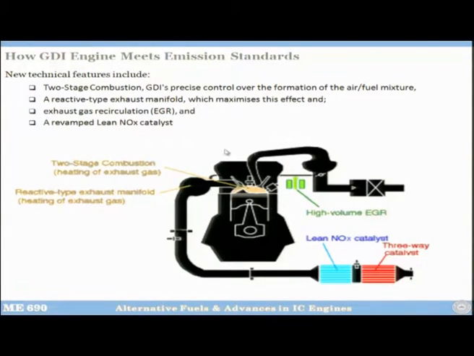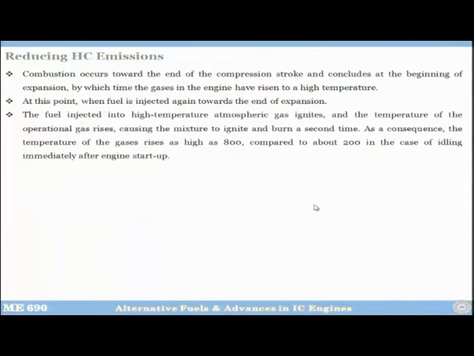So, if you employ these 3-4 techniques in your GDI engine, you will be able to meet the most stringent emission norms. Okay. So, combustion occurs towards the end of the compression stroke and concludes at the beginning of the expansion, by which time the gases in the engine have risen to a high temperature.